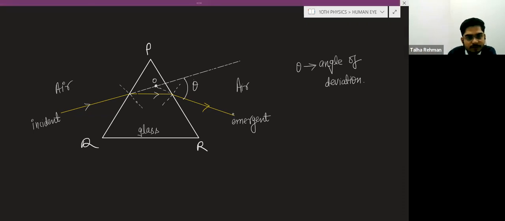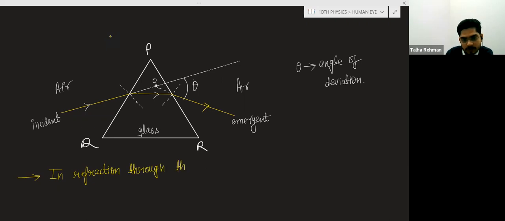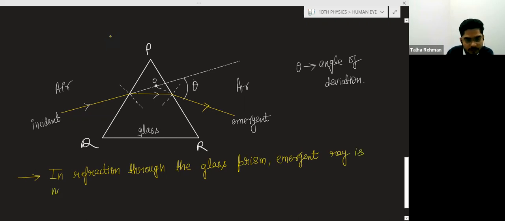So you can write here: in refraction through the glass prism, the emergent ray is not parallel to the incident ray.